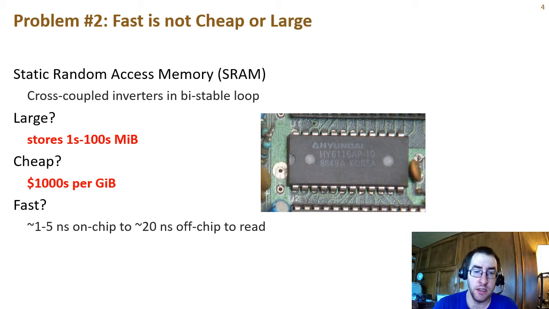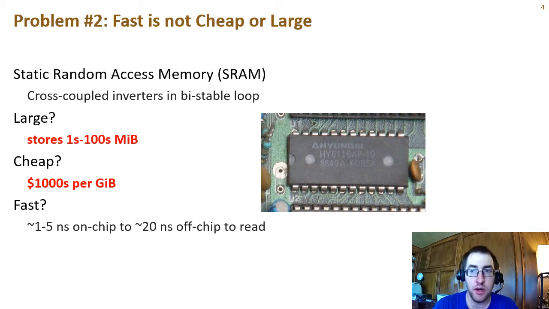It can run well within the speed of your processor. The dominant delay to access SRAM is actually the wiring to get to it. So it's about 1 to 5 nanoseconds for an on-chip access, and up to 20 nanoseconds to go off-chip to read from an SRAM, and that's again due to the wire delay.